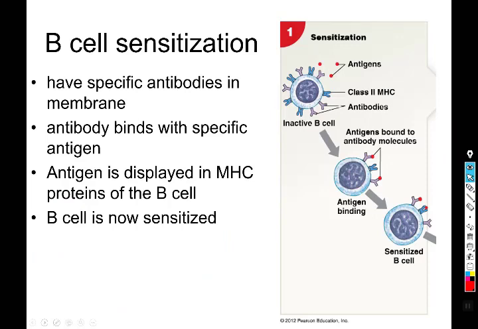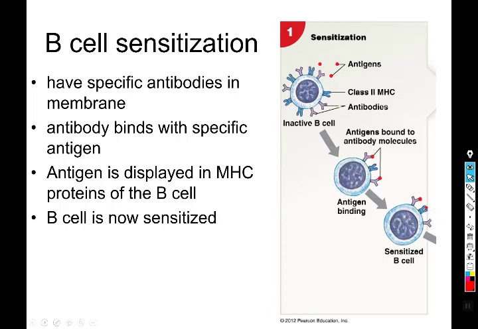Okay, so B cell sensitization. Yes, there are antibodies on B cells, IgD specifically, but we're not fully abandoning MHCs either. So we're still worrying about major histocompatibility complexes. So those B cells have specific antibodies in their membrane.